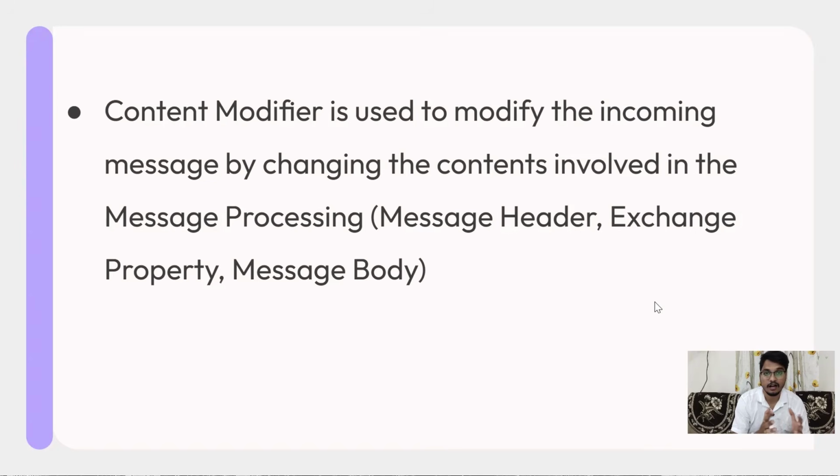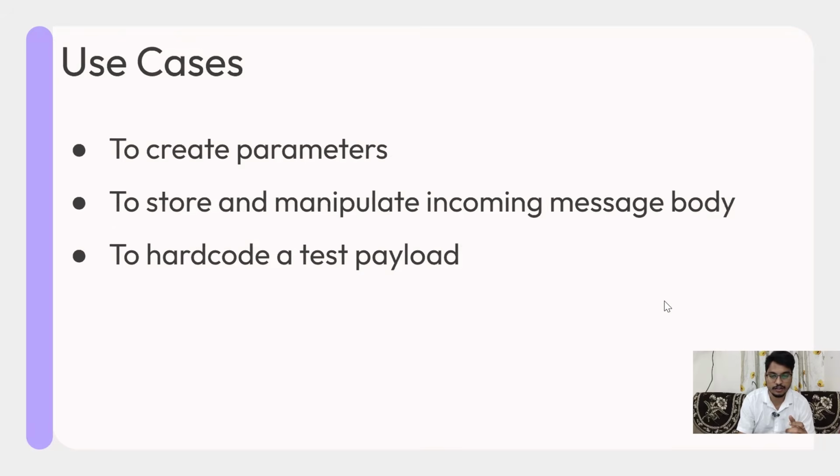We saw how we can access body, header, and exchange using simple Camel expressions, right? And these are the use cases of content modifier. We use it to create parameters, which can be variables, properties, or headers. We use it to store and manipulate the incoming message body. And we use it to hardcode a test payload for our test scenarios, right?